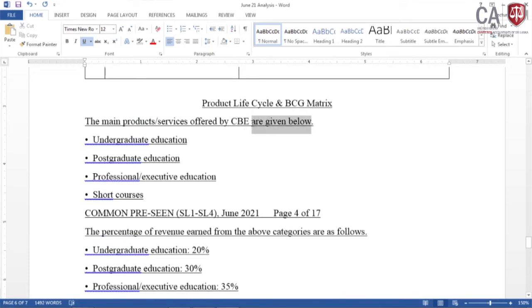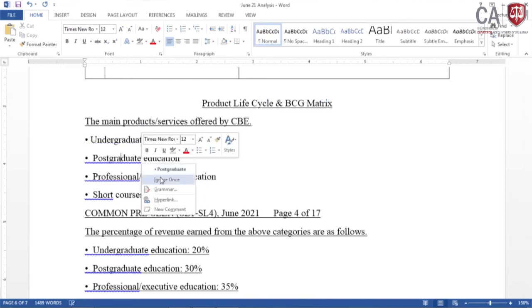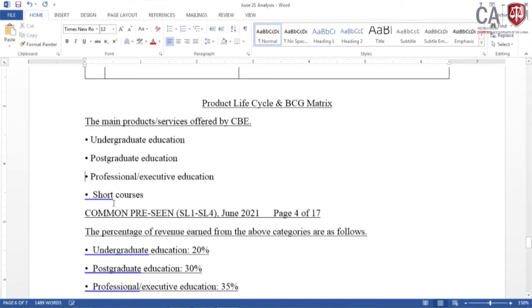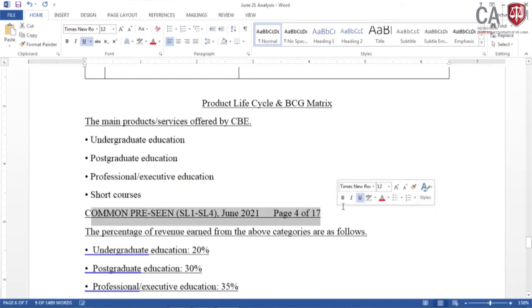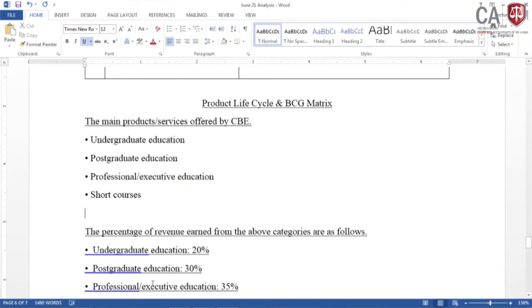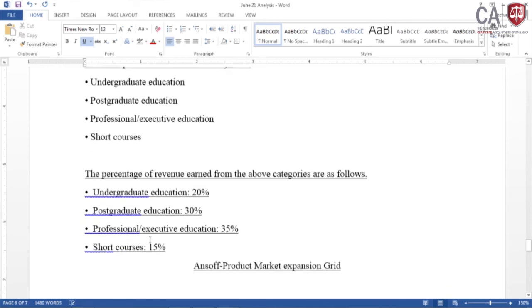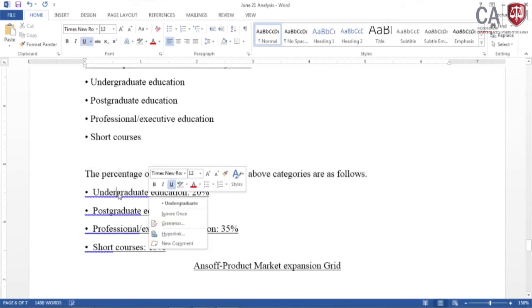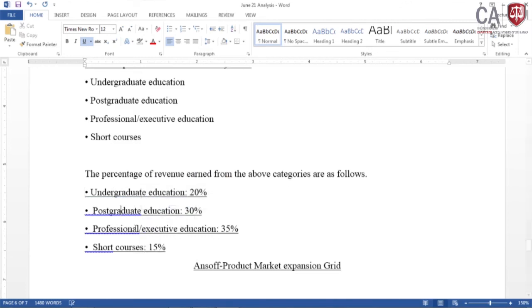So, we can expect some information from the unseen, otherwise we can't do these two. For product life cycle, we should have more information regarding their revenue, about competition, those things.